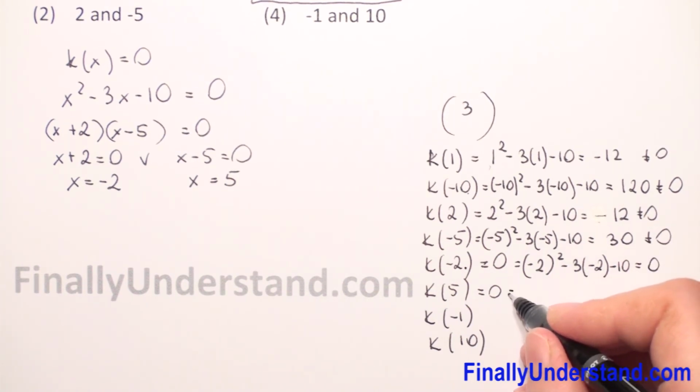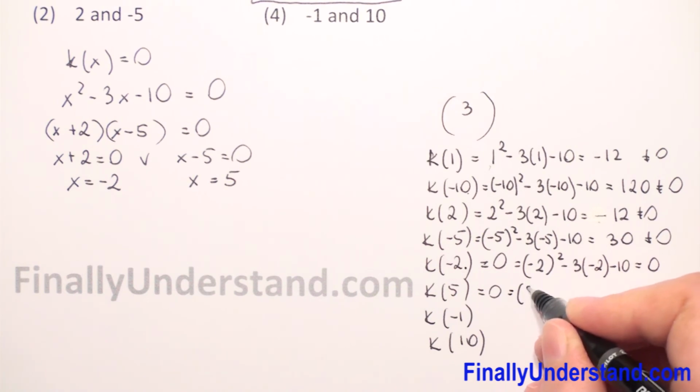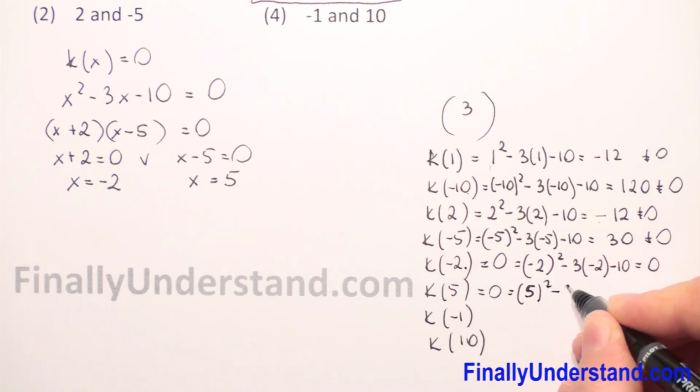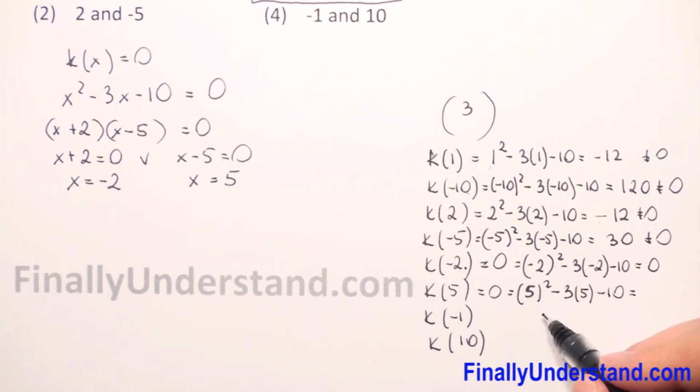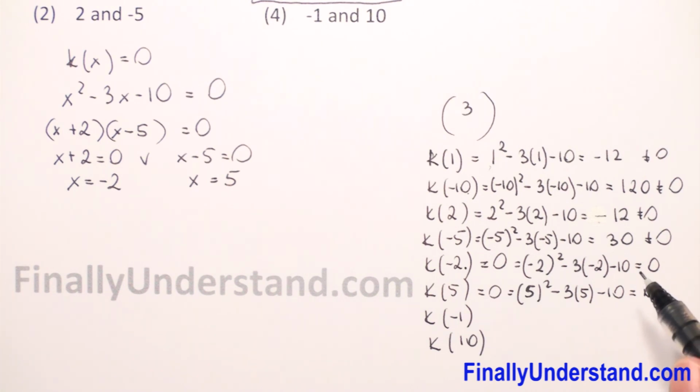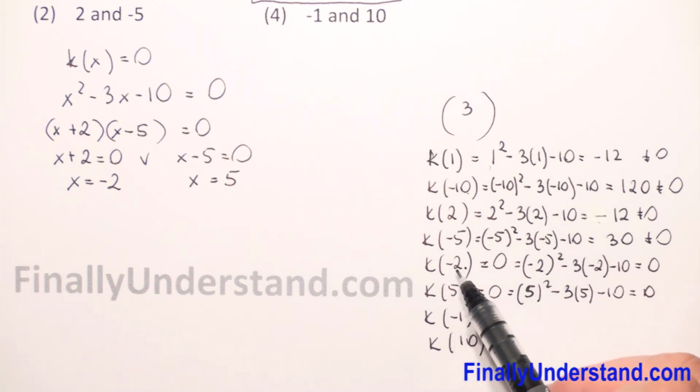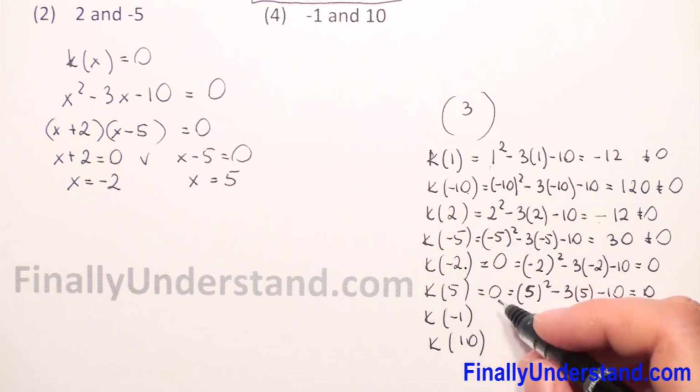And for 5, it will be 5 to the second power minus 3 times 5 minus 10. So this is equal to, 5 to the second power is 25 minus 15 is 10. 10 minus 10 is 0. So we see that our solution is correct. Negative 2 and 5 give us zeros for our function only.